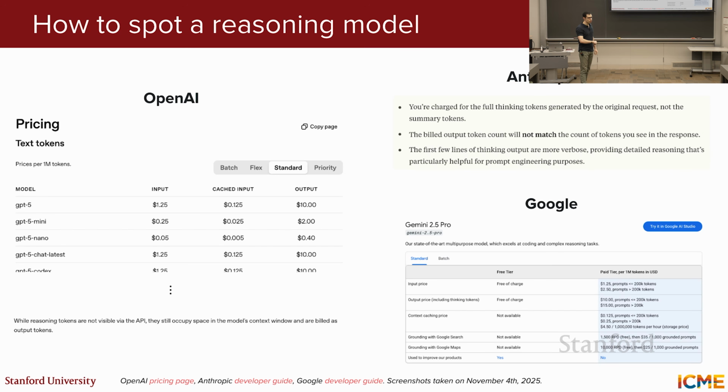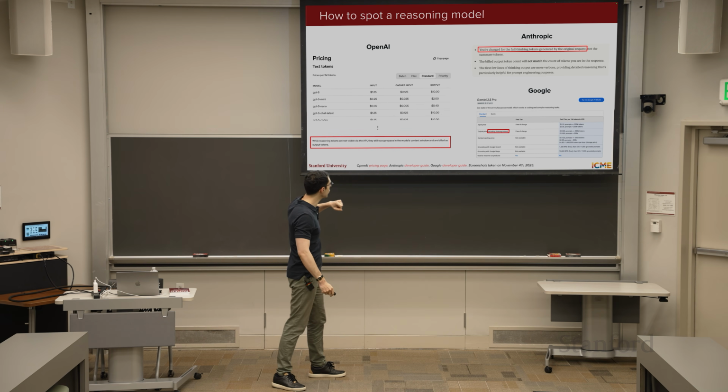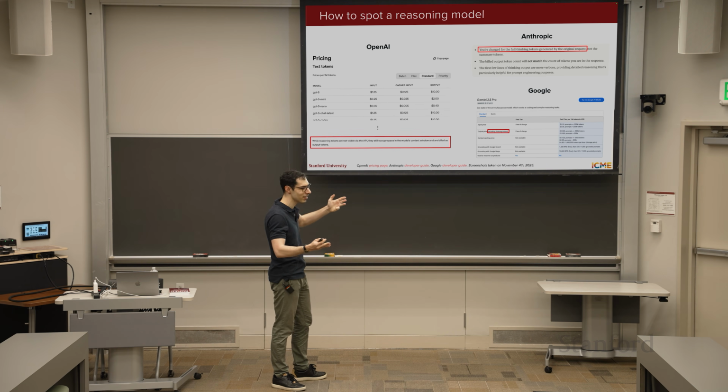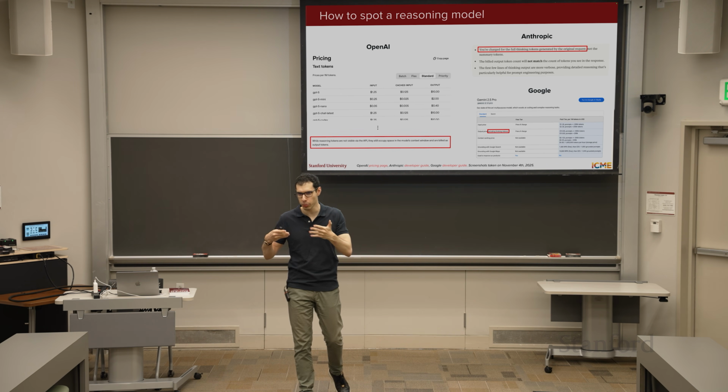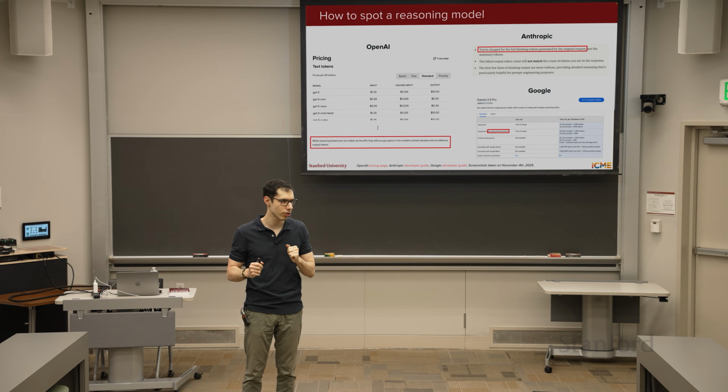And when it comes to pricing, we saw that the output of reasoning models is not only the answer, but also the reasoning itself. And so you will see in all of these APIs that you're actually getting charged for it. You're not necessarily getting the whole reasoning chain, but if you look at the docs, there's always a sentence or two that specifies that you're being charged for output tokens, and those output tokens also include reasoning tokens.